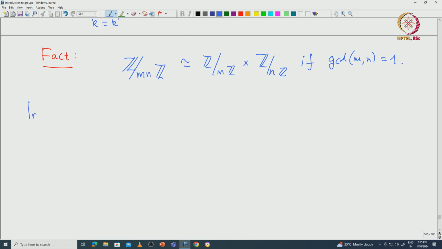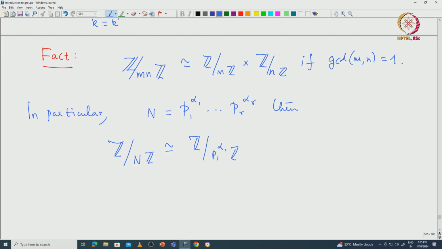So in particular, what you can do by induction, if you write this given capital N as p1 power alpha 1 etc. pr power alpha r, then it is clear that this cyclic group Z modulo NZ is naturally isomorphic to Z modulo p1 power alpha 1 Z cross etc. cross Z modulo pr power alpha r Z. So indeed a product of cyclic groups can be cyclic.